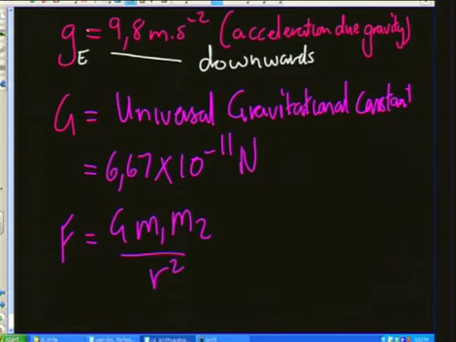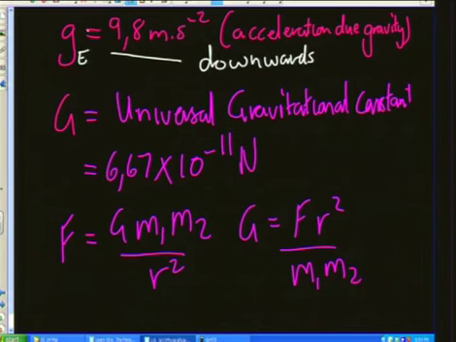And if we get G on its own, then G is equal to F r squared over m1 m2. Now the units of force is newtons. R squared will be meters squared, and then we're going to go per kilogram to the minus 2. So those are the units, and we've cancelled those out.